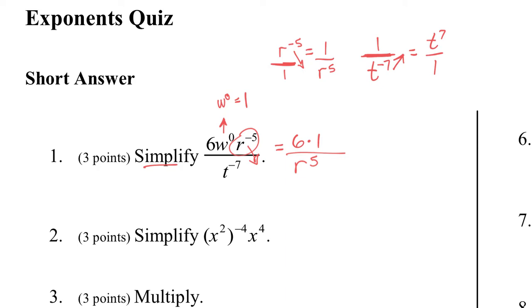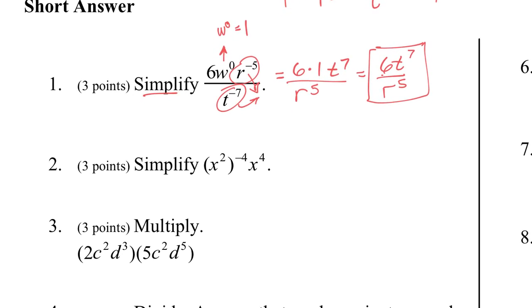Essentially, it's going to the numerator as a positive exponent. And 6 times 1, that's just 6. So in the end, we have 6t to the 7th divided by r to the 5th. And that is our simplified answer for that problem.